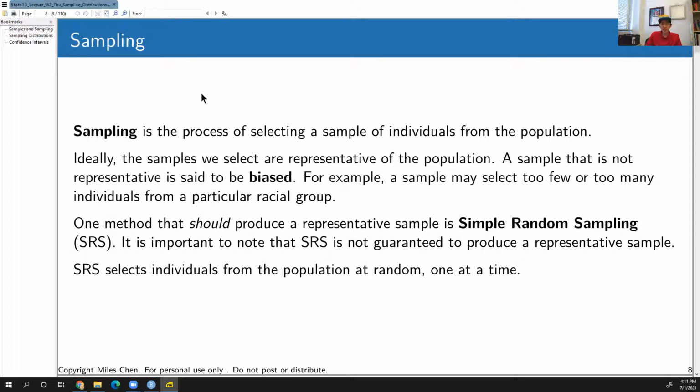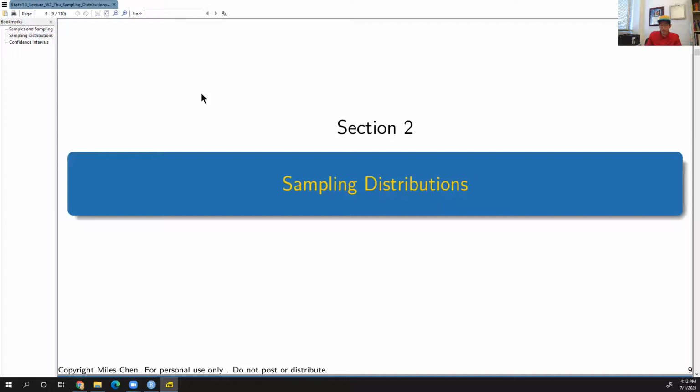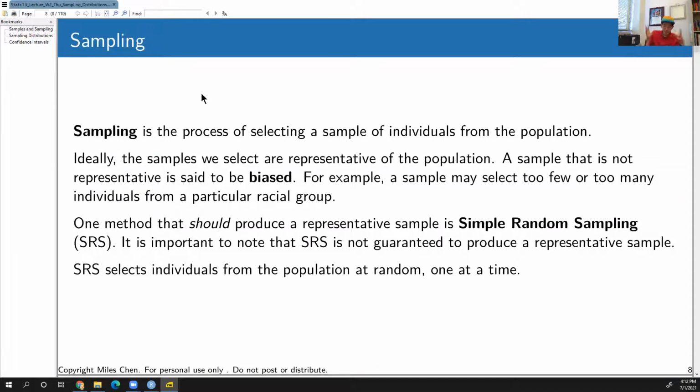So we talked about simple random sampling and the sampling process back, I think, in our first lecture. And we said it's not guaranteed to produce a representative sample, but it should. And we're going to assume the samples that we produce, as far as the rest of our problems go, are generated via simple random sampling.